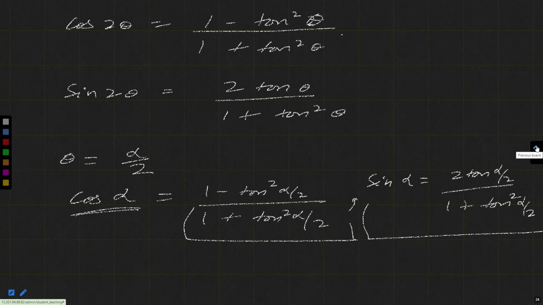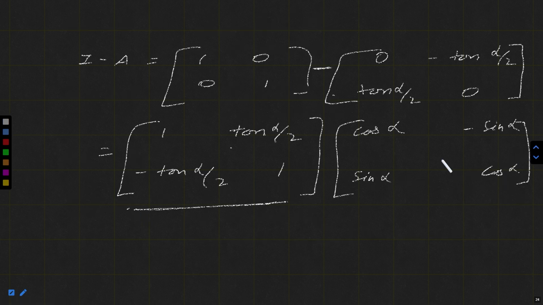Using these forms, you will get your answer. So let's see how you will get to your answer. Let me just replace my things. What will you get? You will have 1 minus tan square alpha by 2 over 1 plus tan square alpha by 2, and this will be minus 2 tan alpha by 2 over 1 plus tan square alpha by 2.